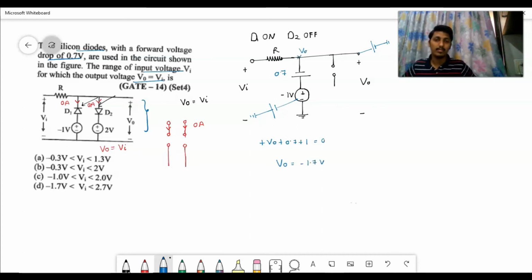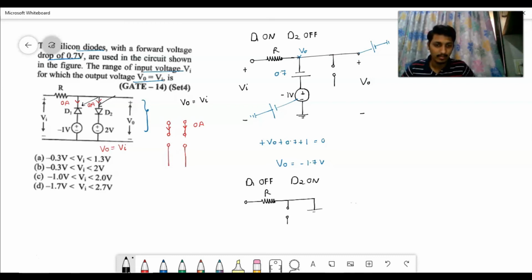Okay, and if we assume D1 off and D2 on, that is nothing but this. This is in off condition, so terminal will be like this, and this will be in on, with 0.7 voltage drop plus or minus 2 volt, and this is 0.7 volt.